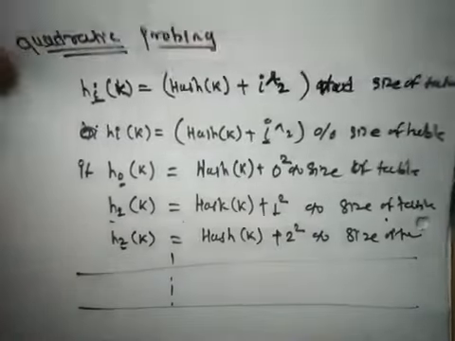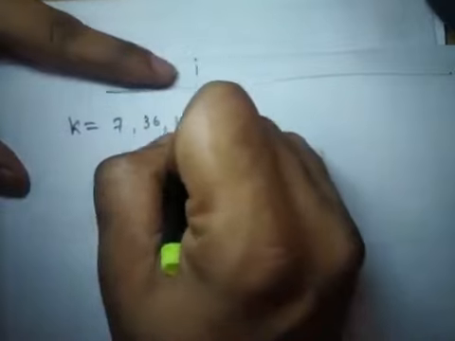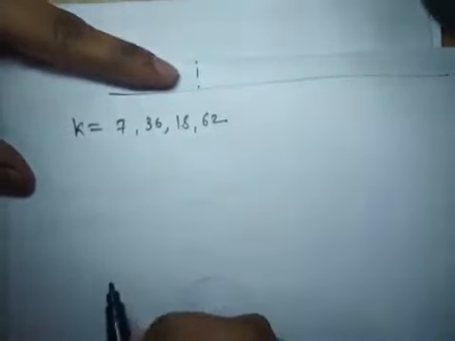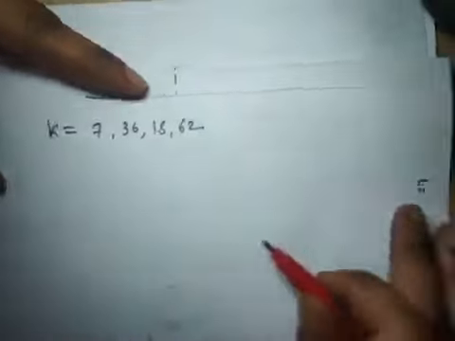So let's take the same example, where key values k are 7, 36, 18 and 62.